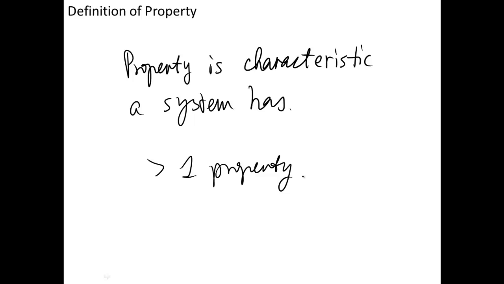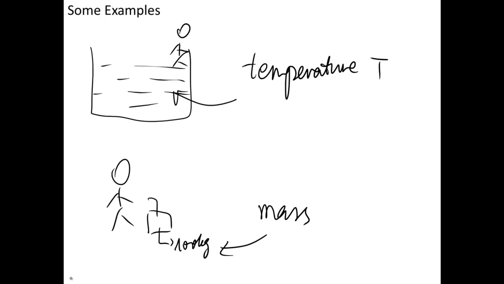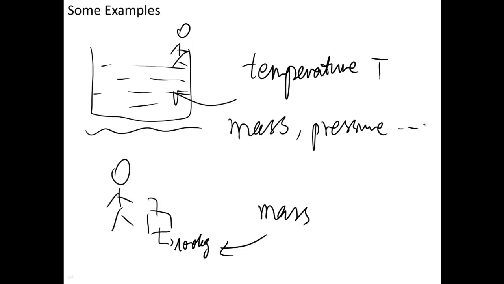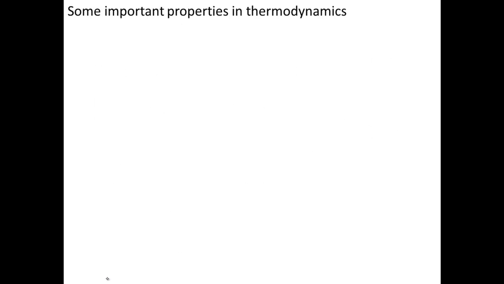We have mentioned in this example, temperature is one property of water in this swimming pool, and water may have another property, for instance mass, pressure, and so on.